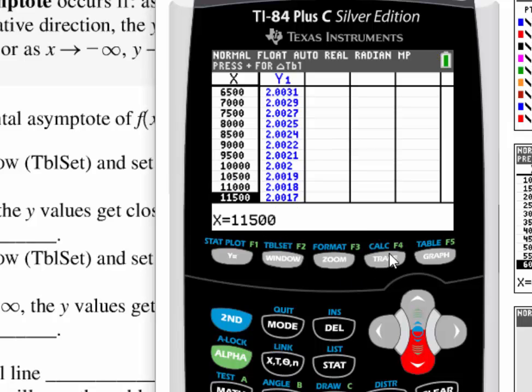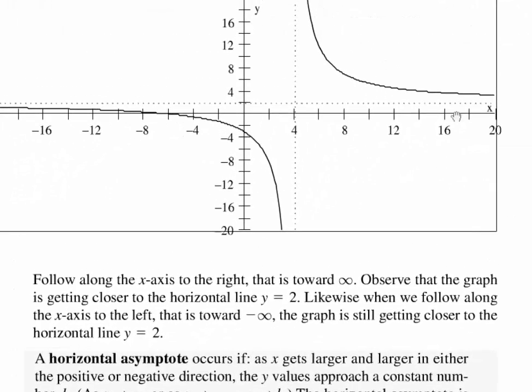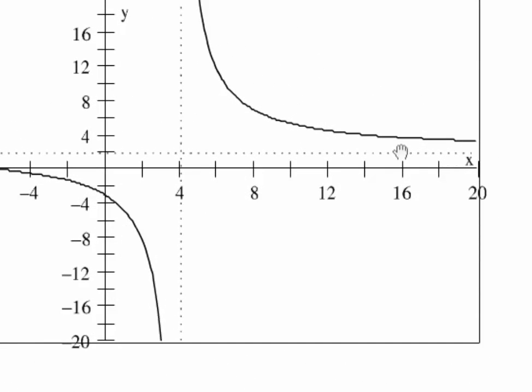And that kind of makes sense. When we think about our graph, originally y is a big number and then gets smaller and smaller as I go to the right, and eventually it's getting closer and closer to 2, which happens to be the equation of this imaginary dotted line, but never touches 2. So I'm above 2 as I go to the right, but I never actually touch 2.